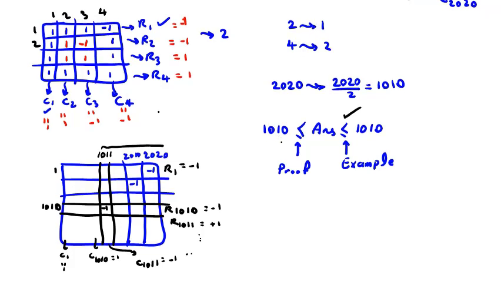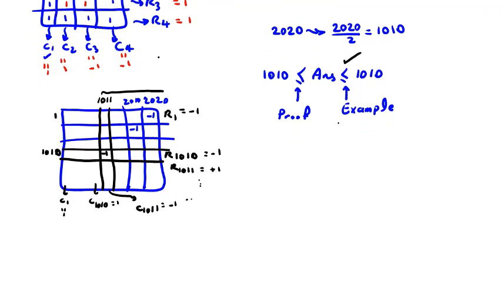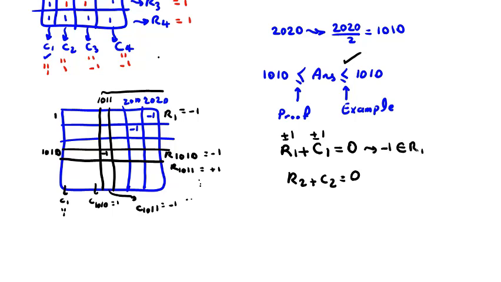Now I want to prove why the answer is greater than 1010. So we say R1 plus C1 equal to 0. So R2 plus C2 equal to 0. Because R1, C1, because it is product, each of them is plus or minus 1. When sum of them equal to 0, so -1 belongs to R1, for example in first row, or -1 belongs to column 1, because if you don't have any -1 in this first row and first column, then sum of them will be 1 plus 1.